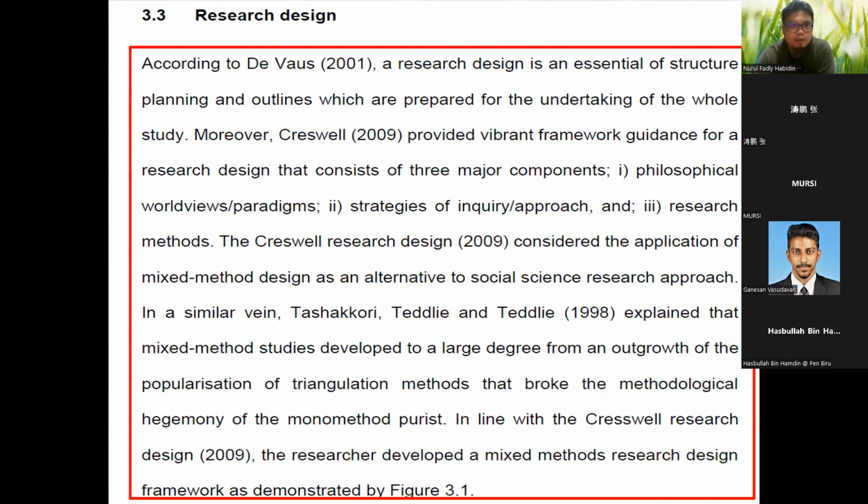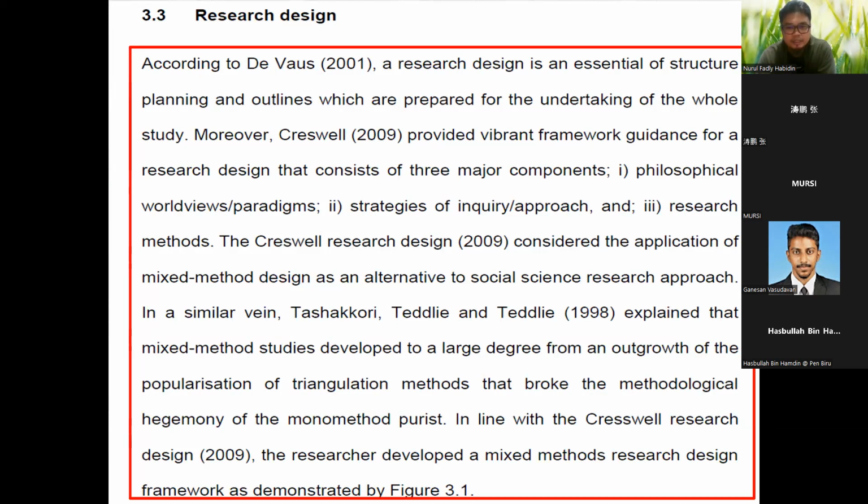They cite a research design as essential structured planning. The second one, they also cite Creswell 2009, who provided a vibrant framework. So we need to know about the philosophical paradigm, strategy, approach, and research method.